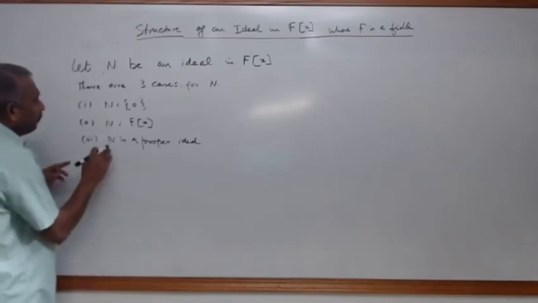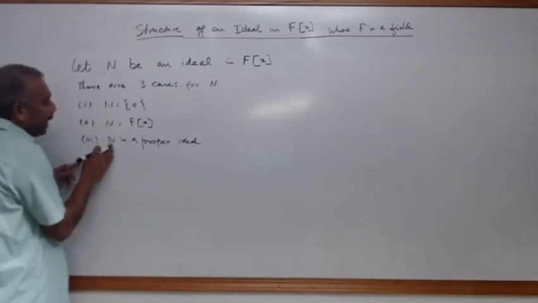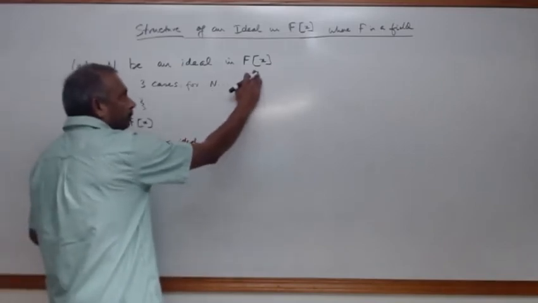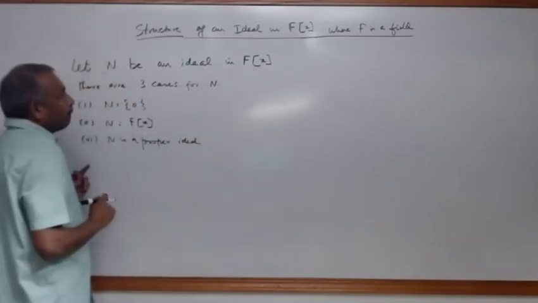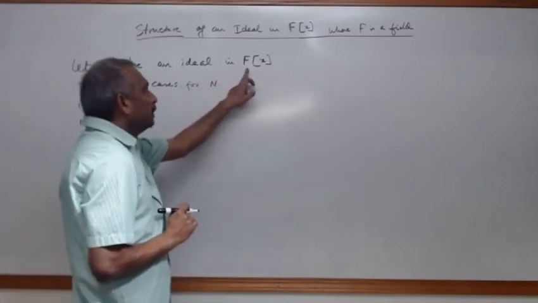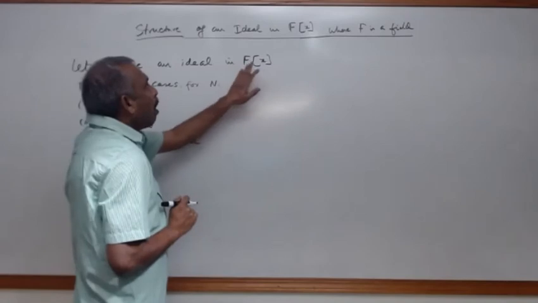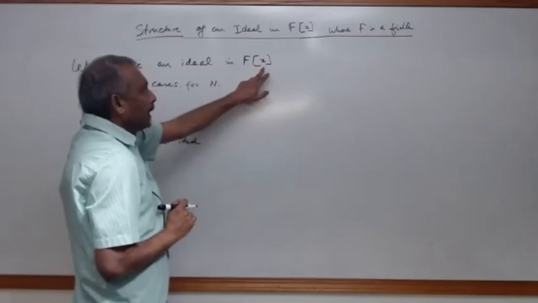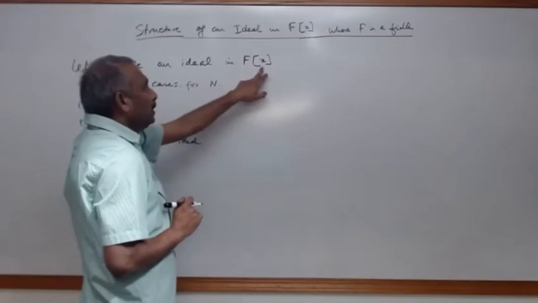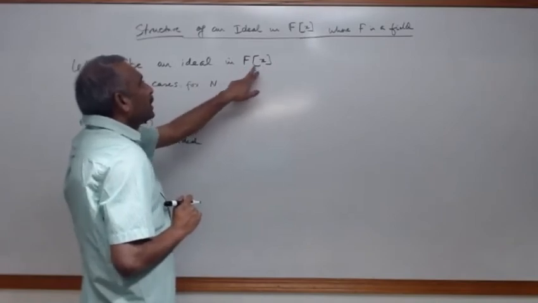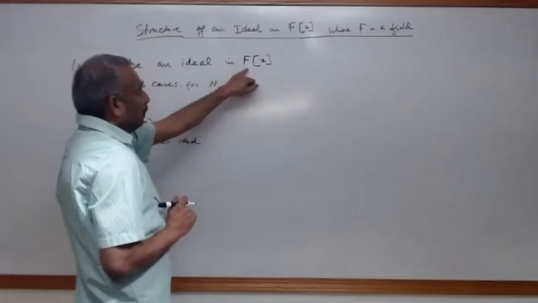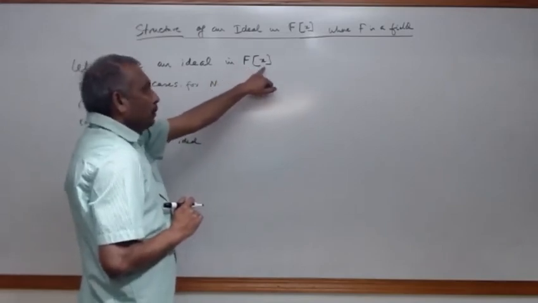So the elements of N are coming from F of x. But F of x contains all the polynomials in x, and that includes the constant polynomials also, and 0.